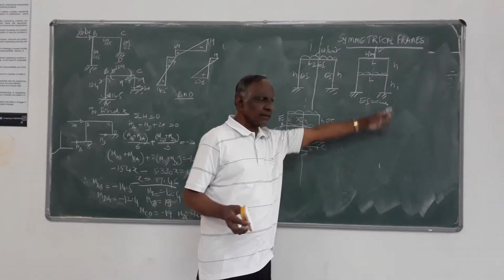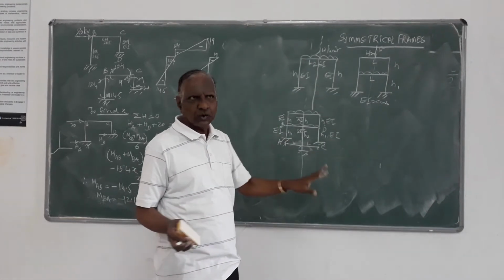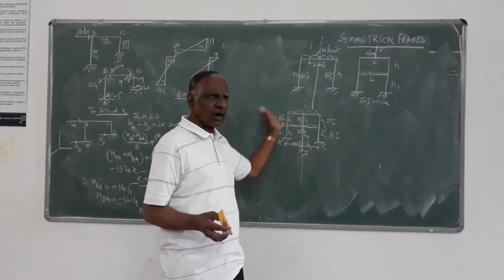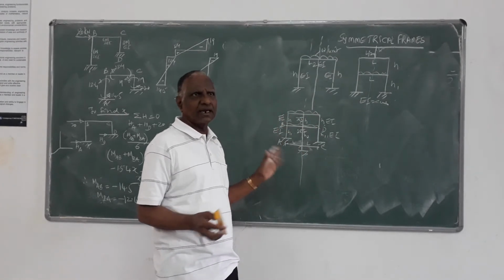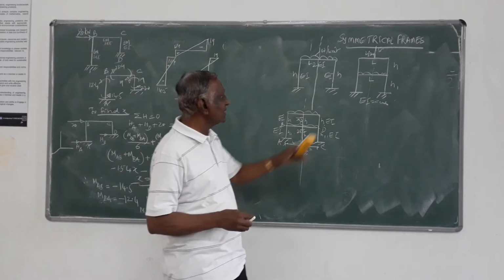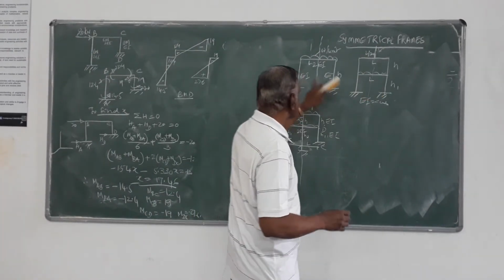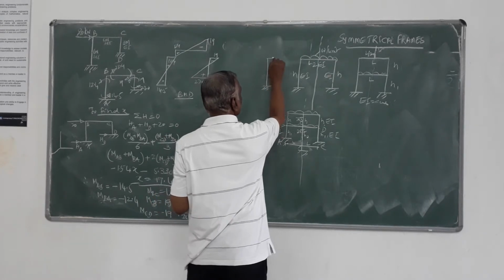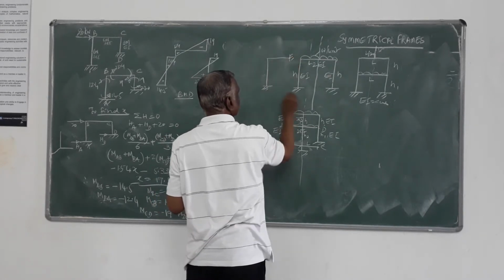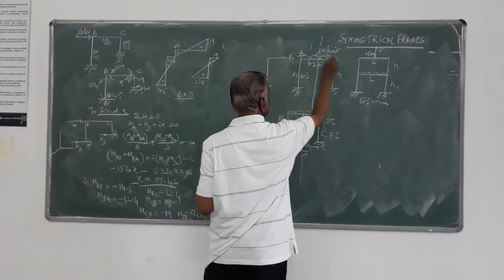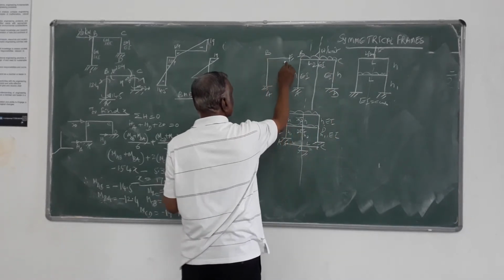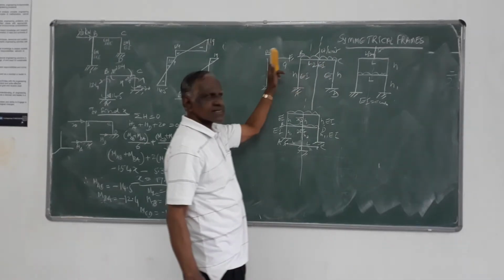Instead of the entire frame, you can just consider one half of the frame, that is one half about that symmetrical line, and do the analysis. Suppose if you take this frame, you can do analysis only for this half. If you call this A, B, C, D, you can do analysis only for this half.